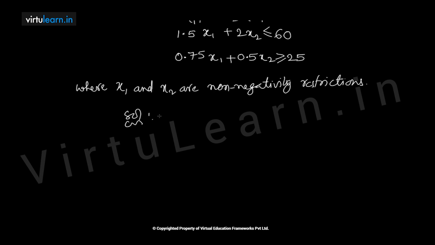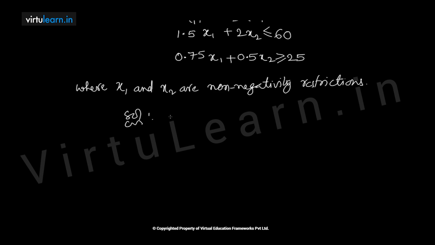If you see, 2x1 plus 3x2 is less than or equal to 40, that is okay. Then 1.5x1 plus 2x2 is less than or equal to 60, that is also okay. But the third constraint, 0.75x1 plus 0.5x2, is greater than or equal to 25. So what should we do to convert that?